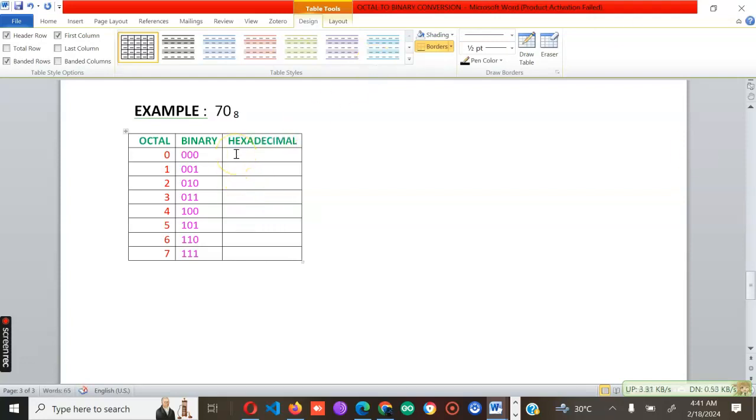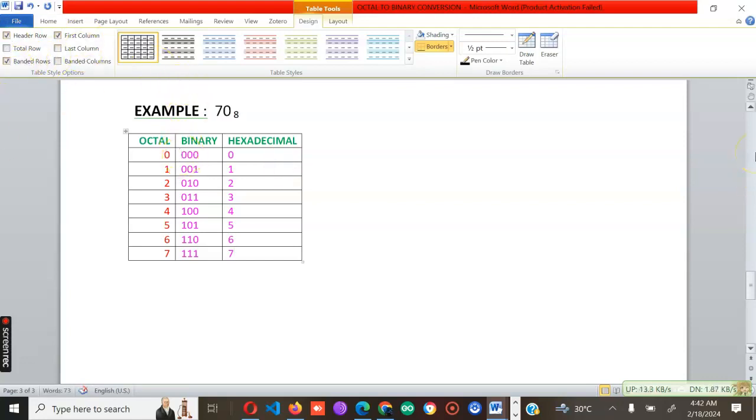Okay, then for this one, this is a 0. This is a 1, 2, then we have 3, 4, 5, 6, 7. Then we are supposed to have additional 0 here.